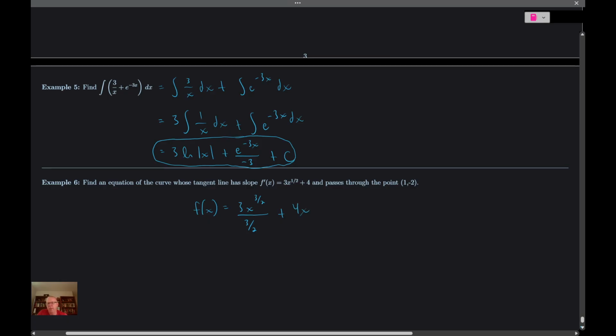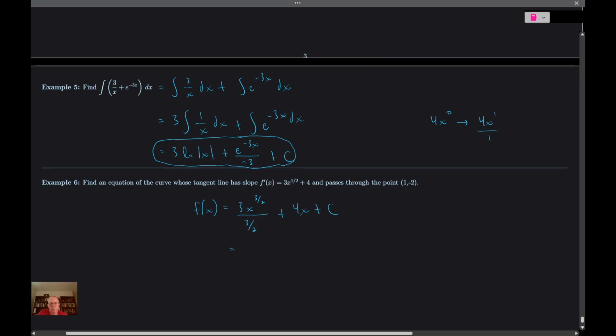If you like, this is a power function, 4x to the 0. So now we add 1 to the exponent and divide by that new exponent 1. So it gives us 4x. But you can also just remember, if you have a constant, just put an x next to it. That's the antiderivative. Plus c.